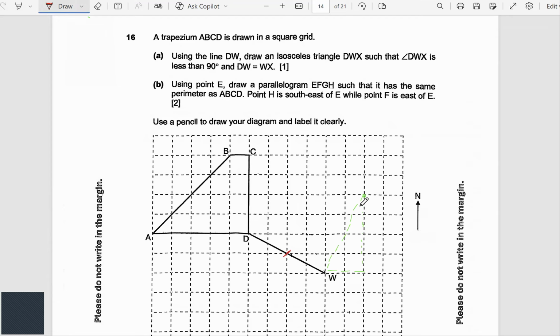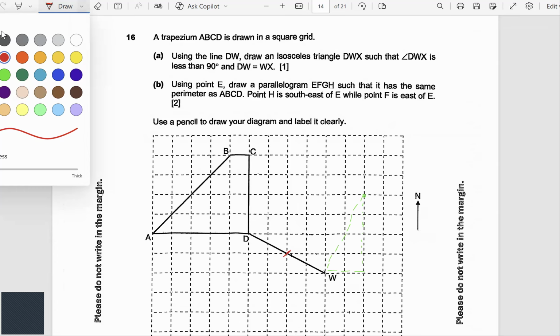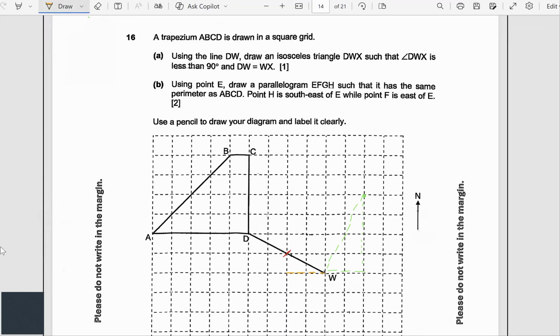You shouldn't have an angle of this much. So how do you do equal lengths? Make sure the line cuts through 8 squares. So the 8 squares could be like that. Instead of cutting this way, this one. See, there are 8 squares here, right?